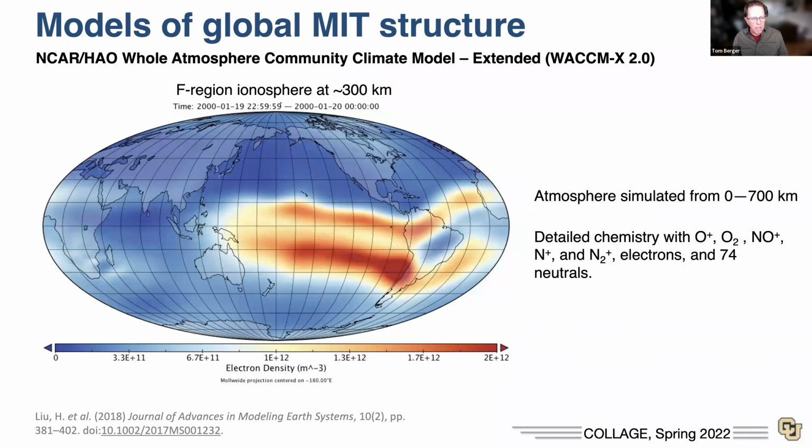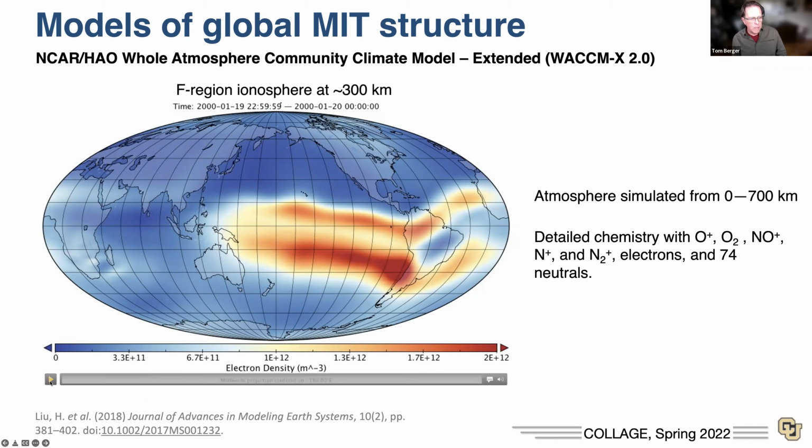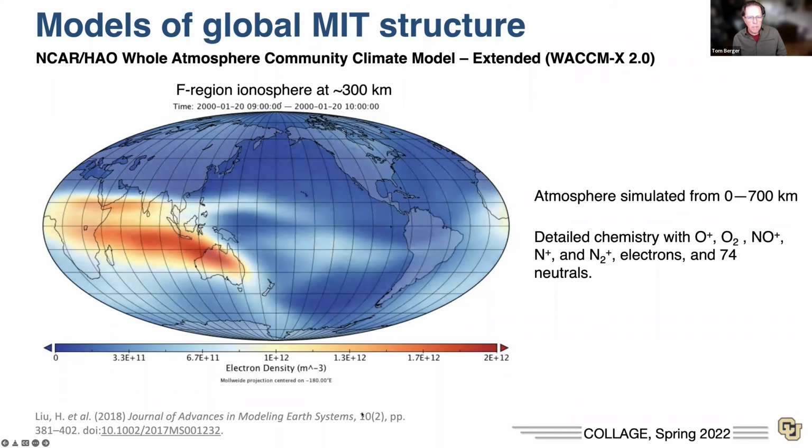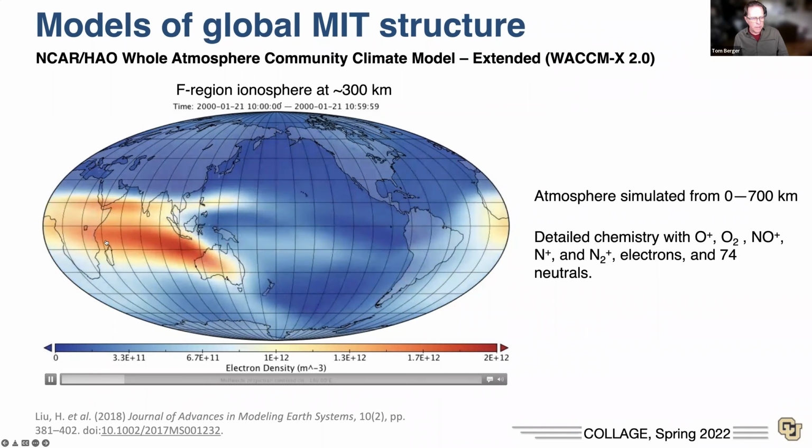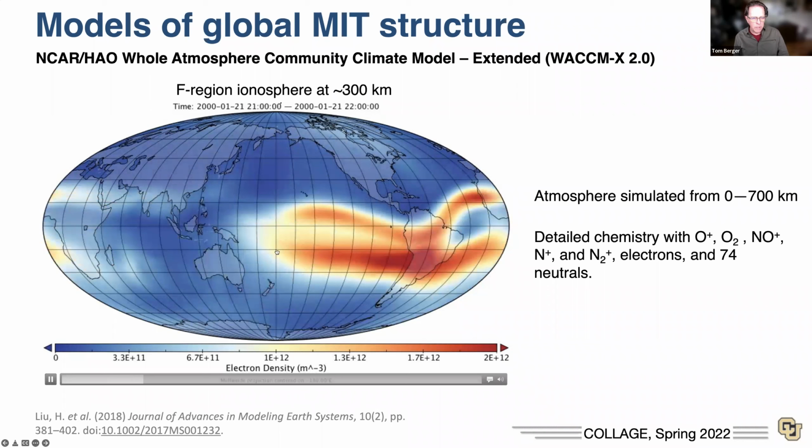And we've gotten pretty good at modeling these things. This is the NCAR Whole Atmosphere Community Model extended up to 700 kilometers and including chemistry and ionospheric ionization, of course. If I play the movie, you can see how the day-night cycle is very obvious. There's really high ionization on the dayside, not much on the night side.